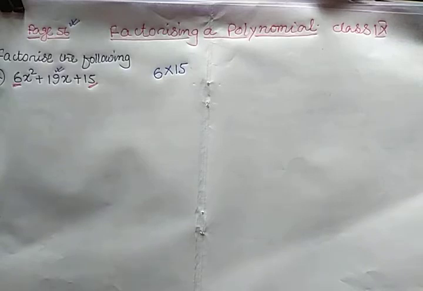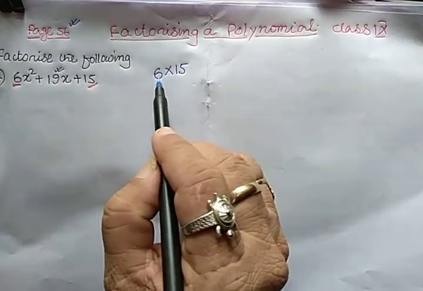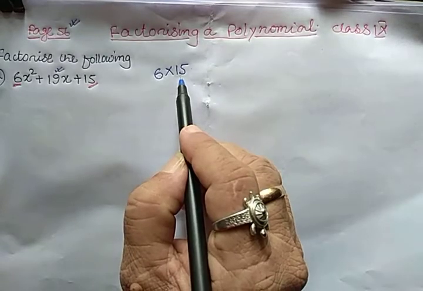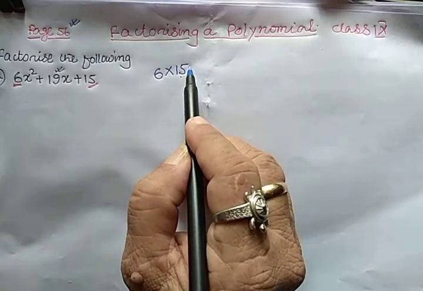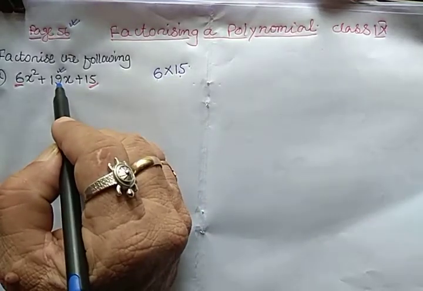Listen once again. If you multiply the factors, you should get 90. If you add the factors, you should get 19.